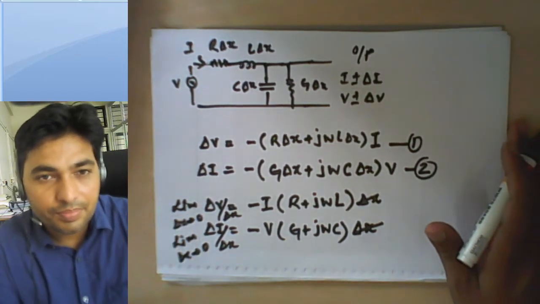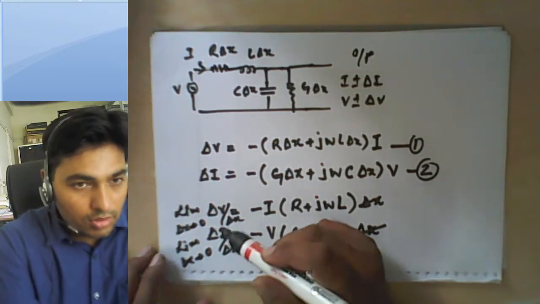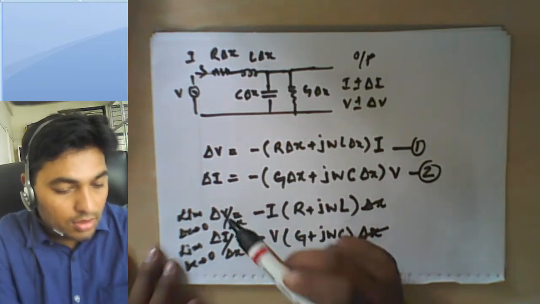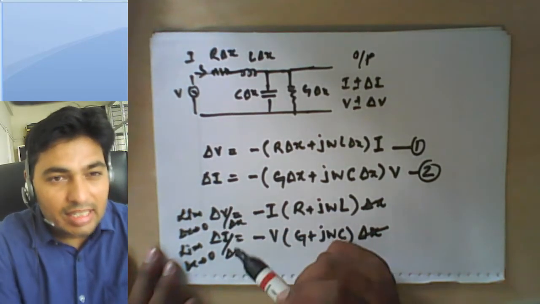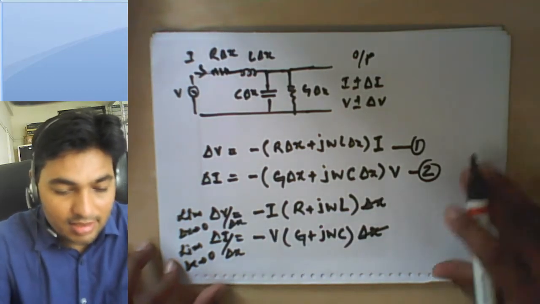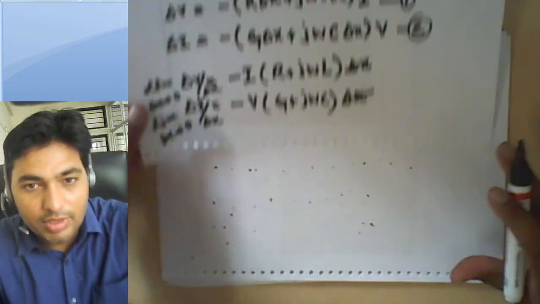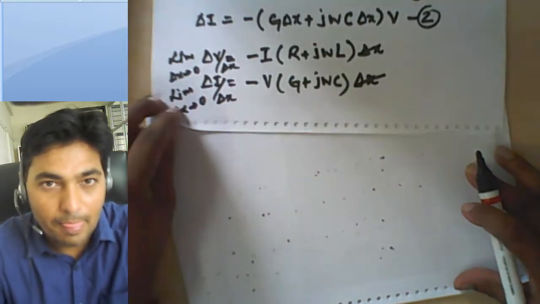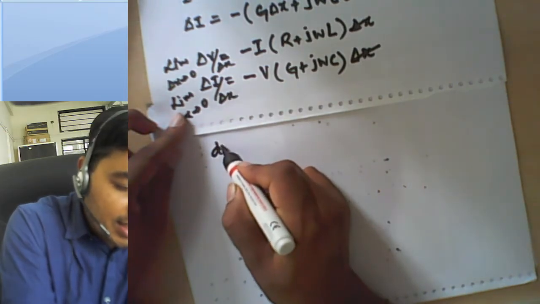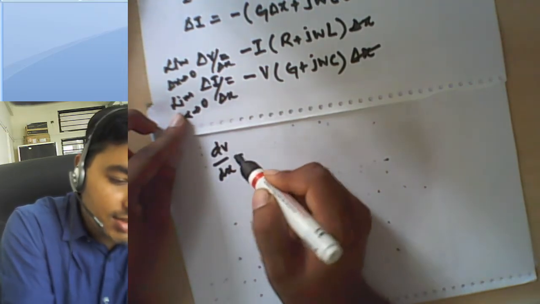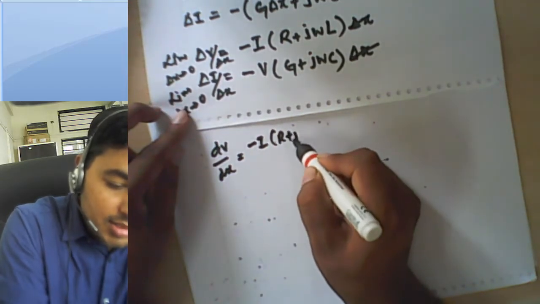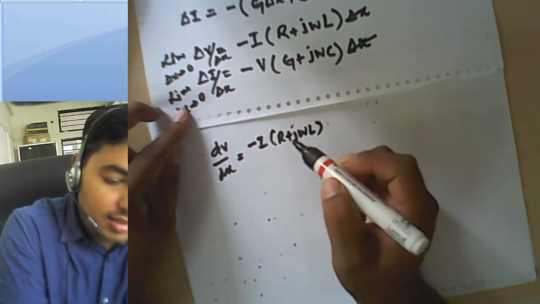Now delta V by delta X is what? This will be equal to dV by dx. So we'll write dV by dx is equal to minus I (R plus j omega L).